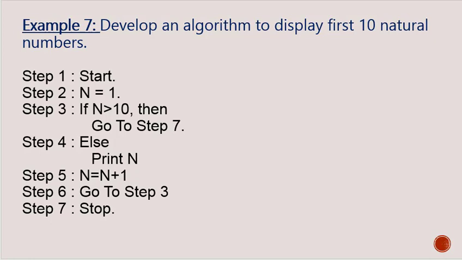So here we started with step number 1, start. In step 2, we have initialized a variable n with the value 1. That variable n counts the number of times the value will get displayed.